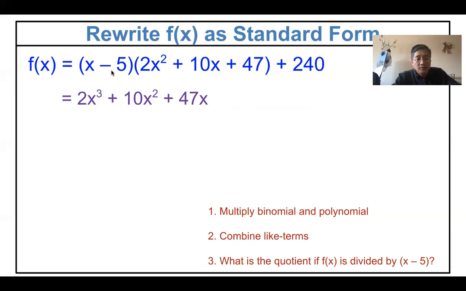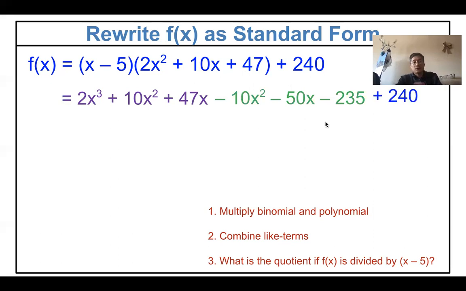Negative 5 times 2x squared is, yes, negative 10x squared. The negative 5 times 10x is negative 50x. The negative 5 times 47 is negative 235. And then we have a 240. There's nothing to multiply. You should just add the 240.